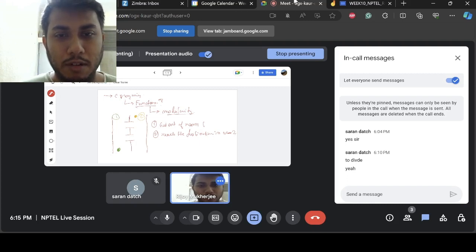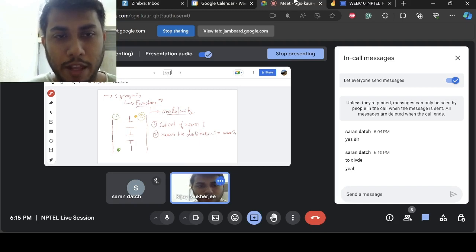It's quite easy to understand what we are trying to do here, right? Our goal is to reach that destination in room 2. So these are the two steps you need to find. Now these two are individual tasks, right? Get out of room 1 and then reach the destination in room 2. These are two different individual tasks.